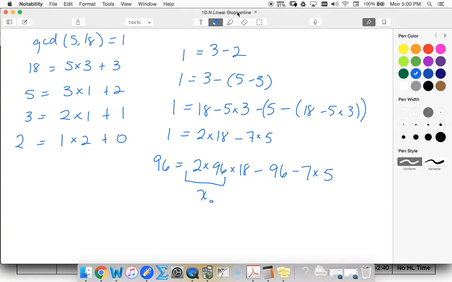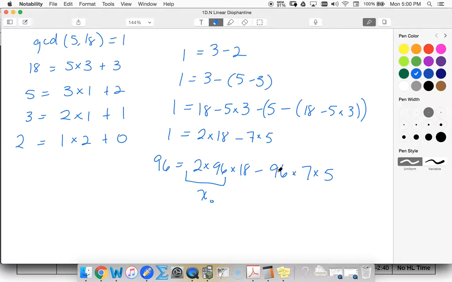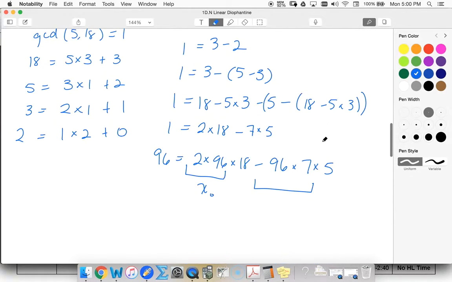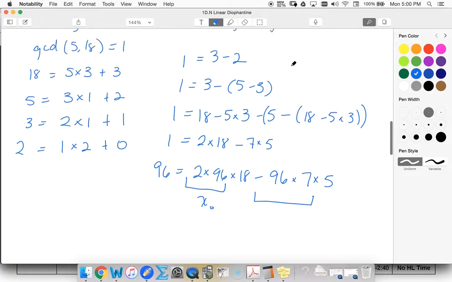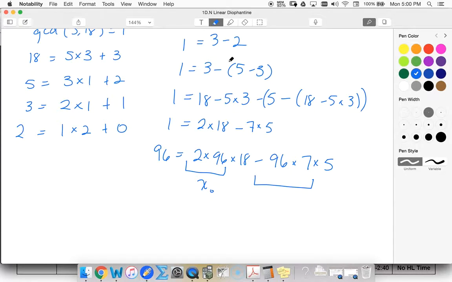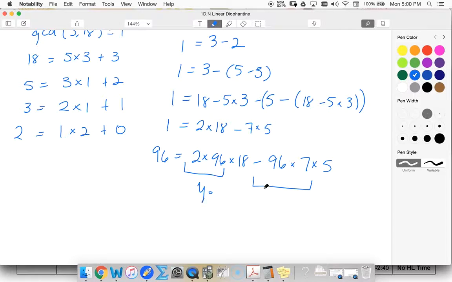I should not have had another minus sign here. This should be a multiplication sign. So here is our particular y, and let me see if I've got those in the right order. No, I set it up with my 5s as my x. So here is my y, and here is my particular x value.